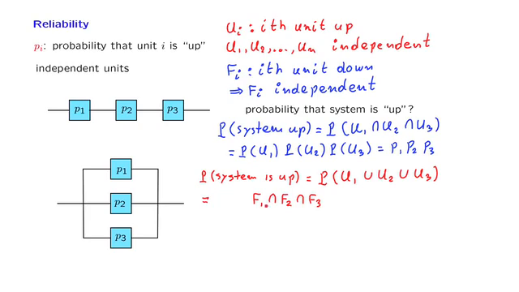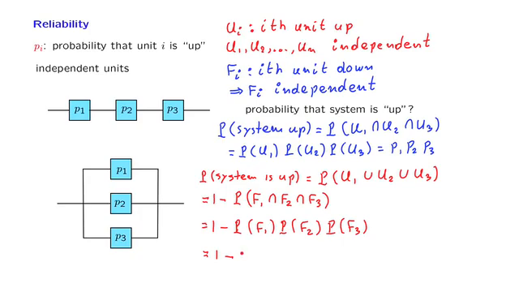So, since this event is the complement of that event, this means that their probabilities must add to 1, and therefore we have this relation. And now we're in better shape because we can use the independence of the events fi to write this as 1 minus the product of the probabilities that each one of the units fails, and with the notation that we have introduced using the pi's, this is as follows.